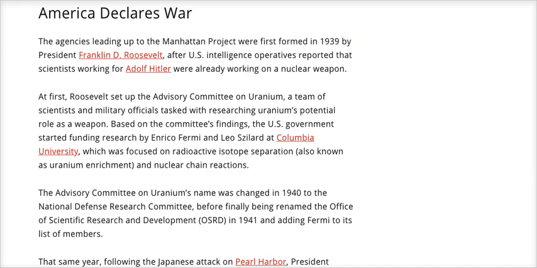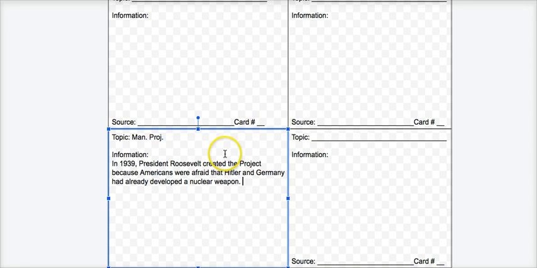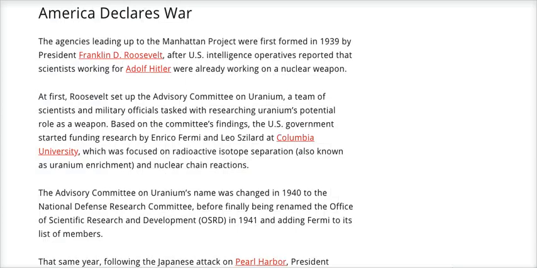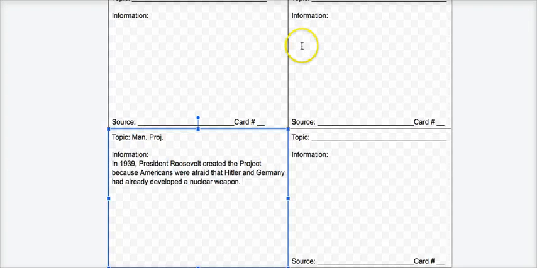Close, but different enough. So I definitely use the date and I use President Roosevelt. Those are important. Created the project. They said the agencies leading up to the Manhattan Project were first formed in 1939. President Roosevelt created the groups that would become.